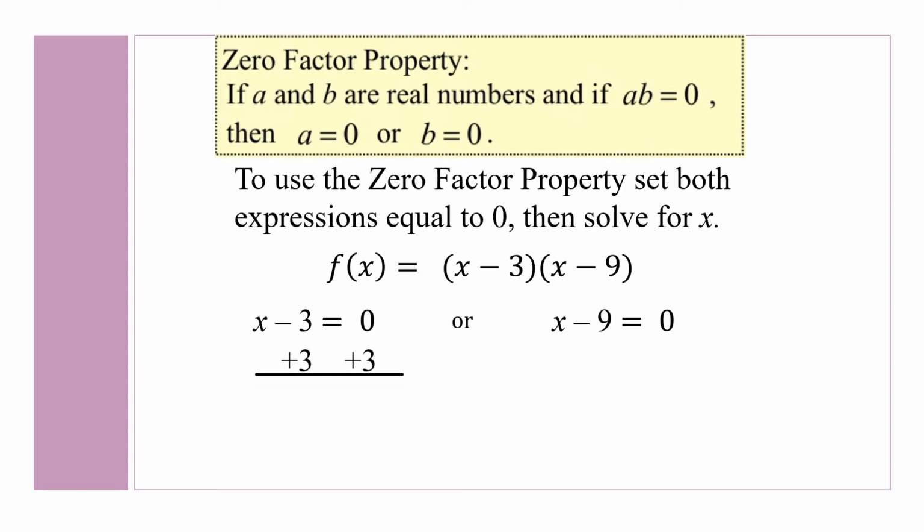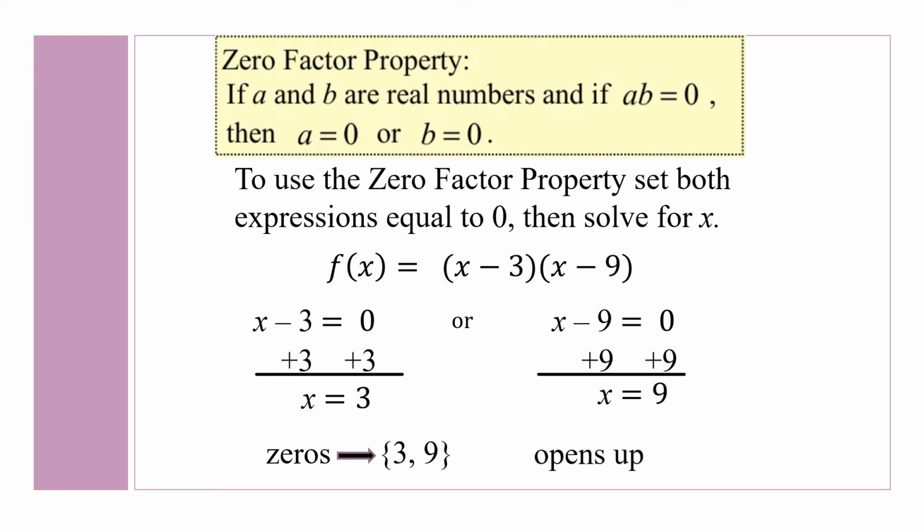You're going to add 3 to both sides. X is equal to 3. And for x minus 9 equal to 0, add 9 to both sides. X is equal to 9. So my zeros, or the x-intercepts, are going to be 3, 9. And it's going to open up because a is equal to 1.